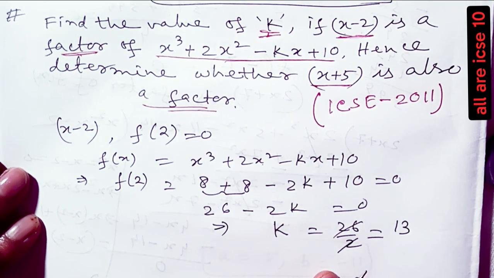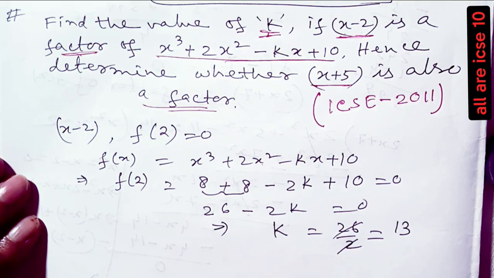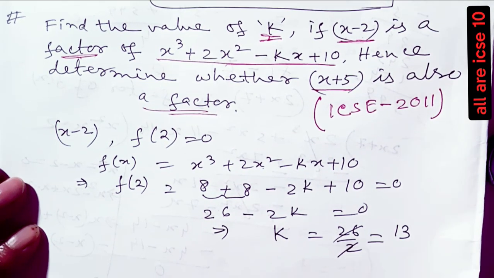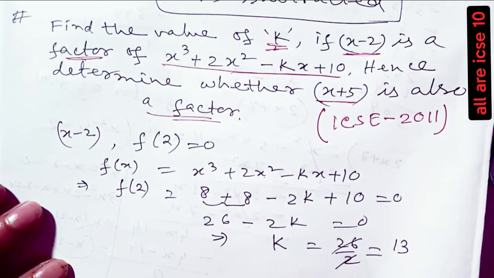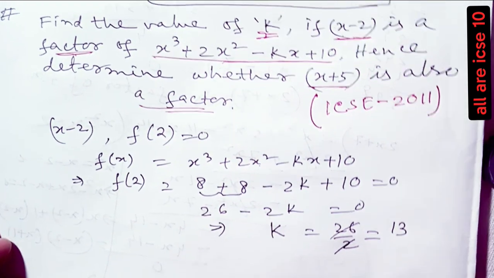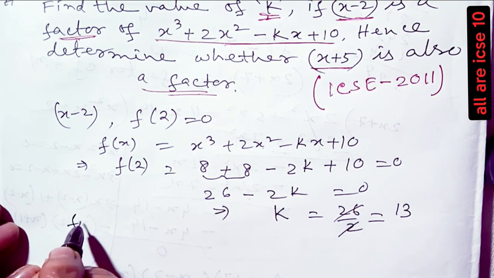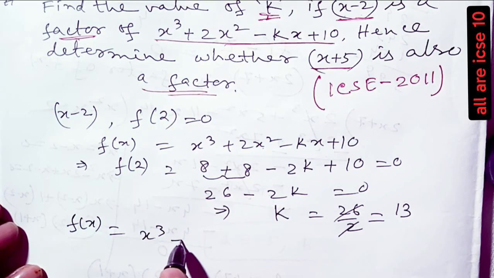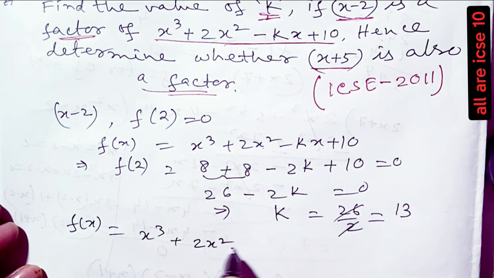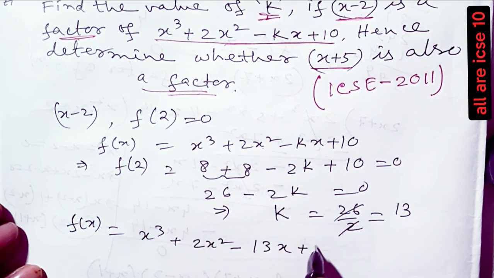Our another part is hence determine whether x plus 5 is also a factor. So using value of k, our polynomial is x cube plus 2x square minus kx, k means here 13x plus 10.